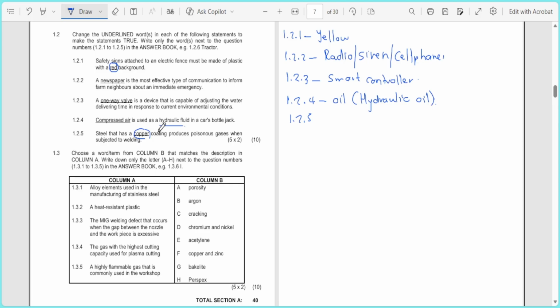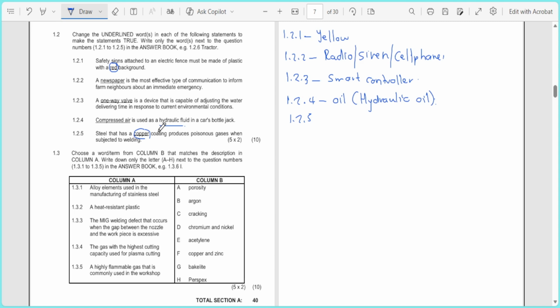Copper-coated steel exists, but sometimes it's for conductivity or corrosion resistance purposes. Yes, copper fumes are hazardous, but not typically described as poisonous gases in the welding context.